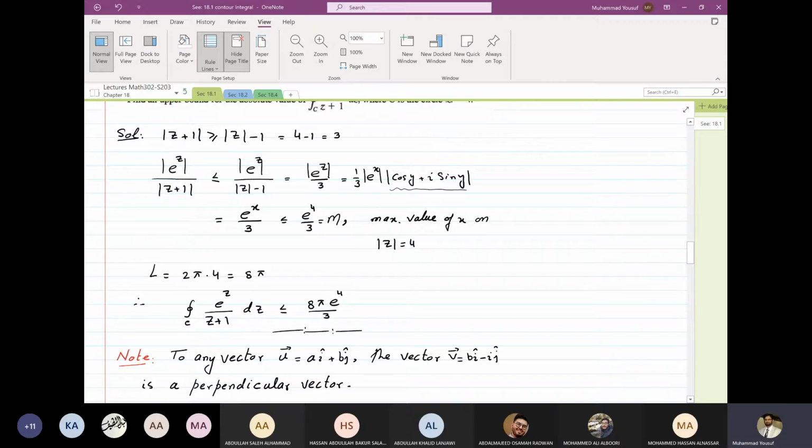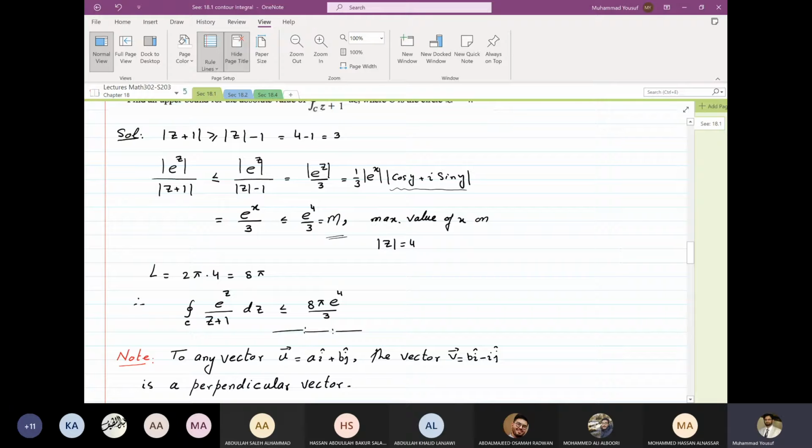So the maximum value of e^x is e^4, and e^4 over 3 is capital M. This is the maximum value of this function in absolute value when z is taken from the circle of radius 4, center at the origin, that is, |z| equals 4.